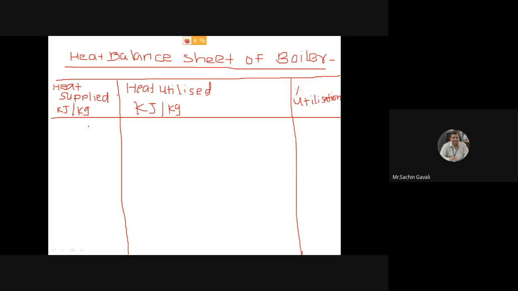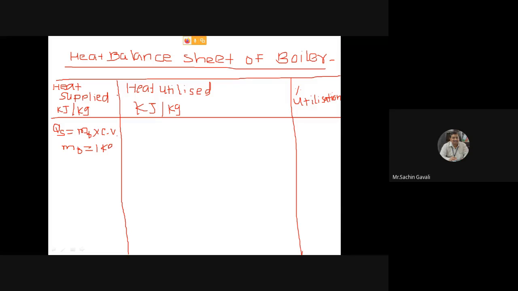Then the heat supplied to a boiler will be denoted by the letter QS. So QS is equal to mass of fuel burned into calorific value, CV. But we are drawing the heat balance sheet on 1 kg of fuel basis. Therefore, MF is equal to 1 kg.